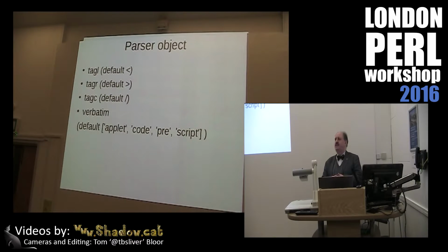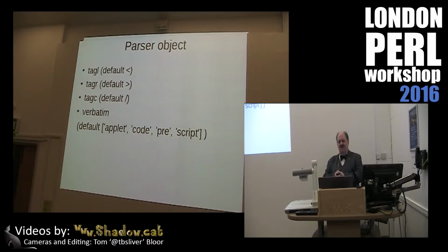It's object-oriented. I used Moo, and the object has 4 parameters, 3 of which are just telling it what a tag looks like. What's the opening, what does the tag start with and end with, and what tells you that it's closing it.